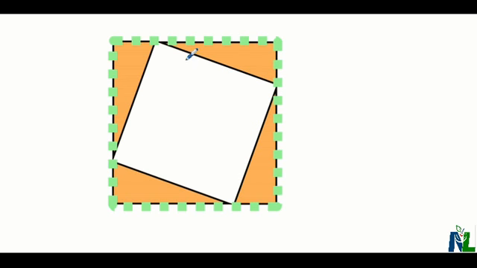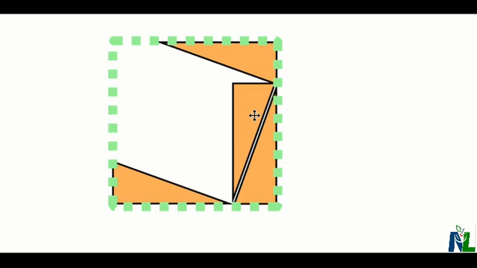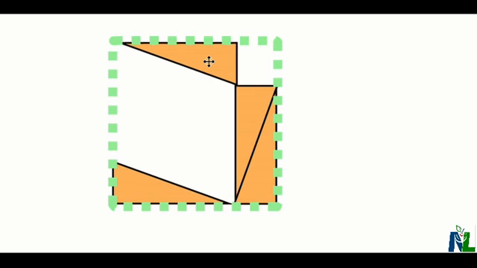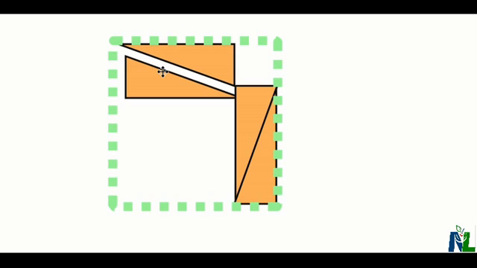Here, just for your benefit, I traced out the larger square. What I'm going to do now is take these triangles and move them around. I'll move that one down here, I'll shift this one over here, and I'll shift this one up here.